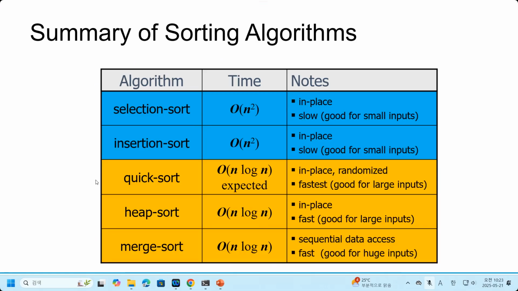So overall, you can get the result: using the selection sort is O(n^2), using the insertion sort is O(n^2), using the quick sort O(n log n). This is expected. Why expected?